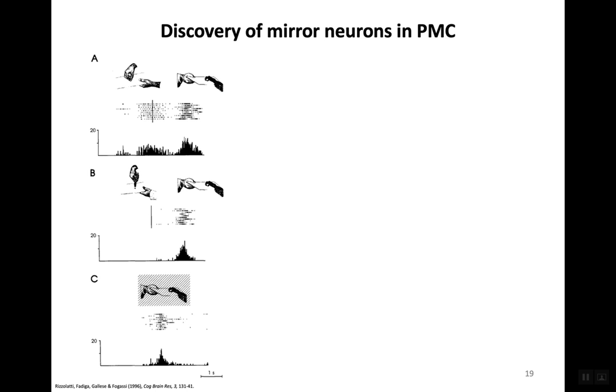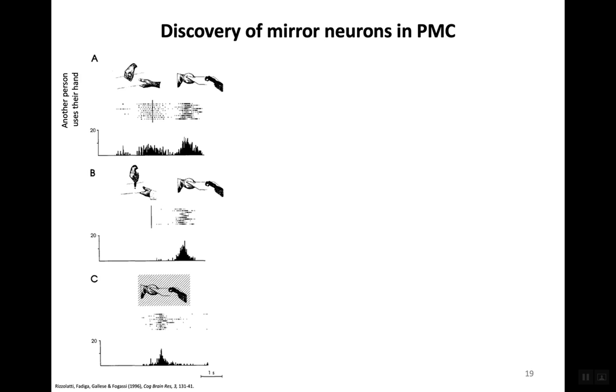What they did, part by planning, part by accident, was realize that some of the neurons in the PMC were responsible not just for movement. They weren't firing only when, let's say, a monkey was involved in a manual task, but also when observing similar movements produced by others.